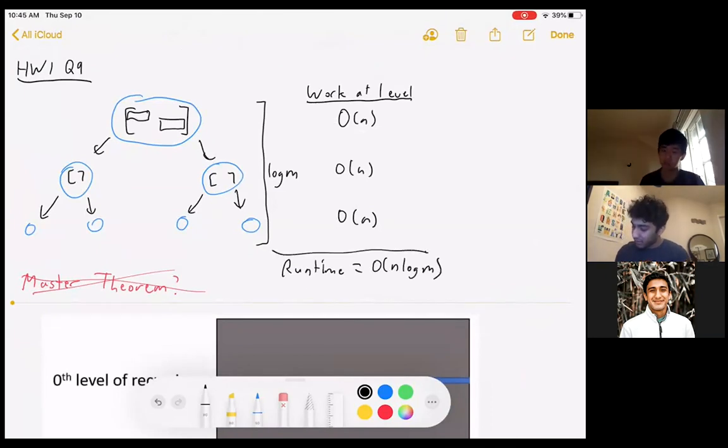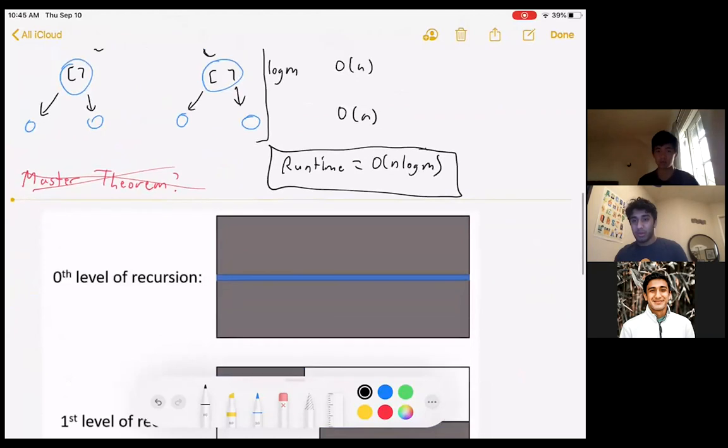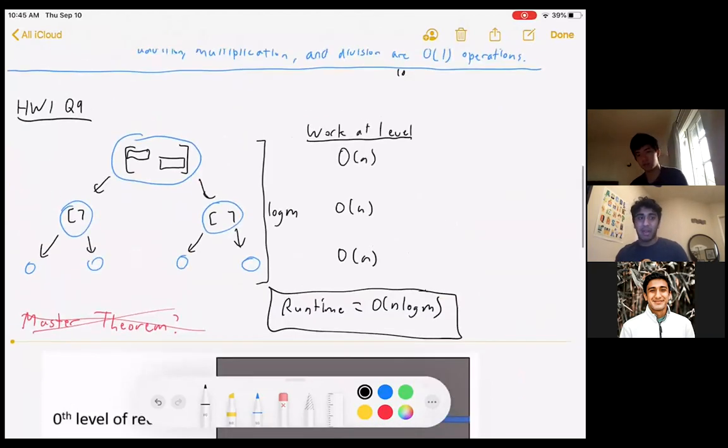And that's it. You can see that you don't end up needing the master theorem, right? Even then, the master theorem is derived from this idea of recursing through this tree to a certain depth and doing a certain amount of work. It's just that because the master theorem doesn't apply, you have to do it a bit manually.